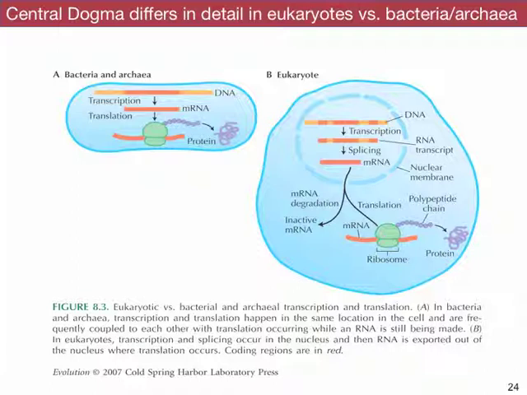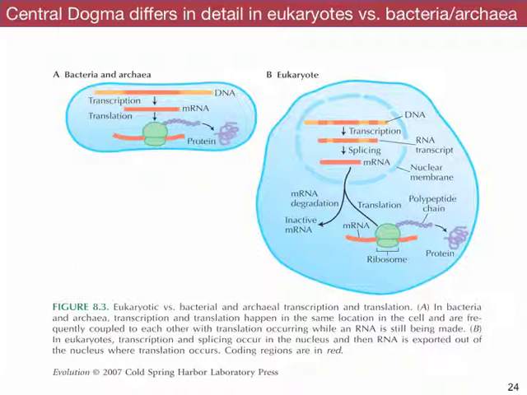As soon as that RNA piece is made, in essence, the ribosomes grab onto it and start making protein off of it. This allows bacteria and archaea to have regulatory processes where the translation of proteins can regulate even whether or not a gene is transcribed. It's a direct regulatory process of translation on transcription.